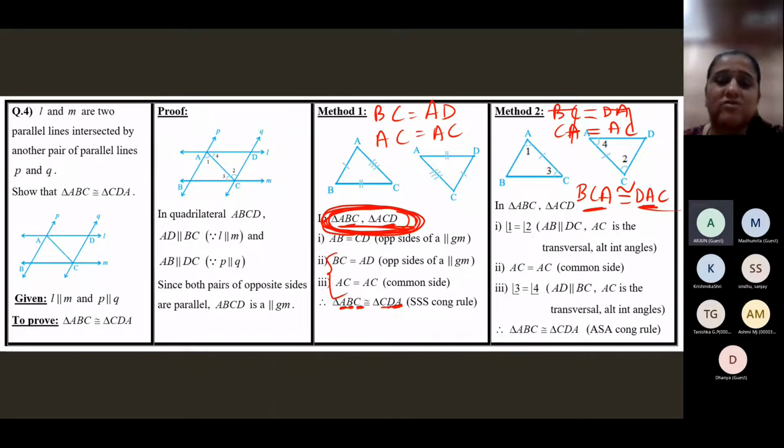So here the order is not important. Just name it however you want. Here, once you use this congruency symbol, the name here and here must be such that you should be able to relate this name to this one. Order becomes very important when you use the congruent symbol.